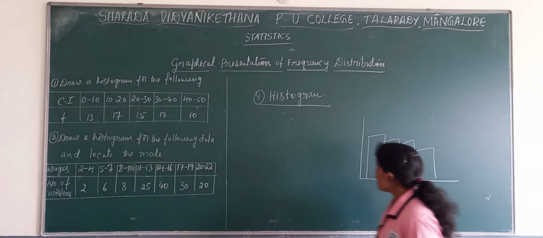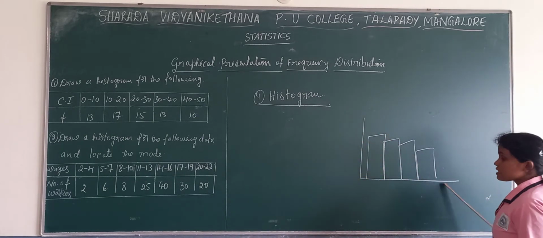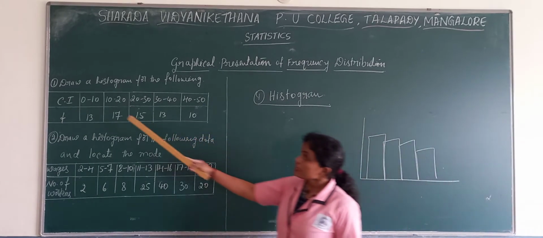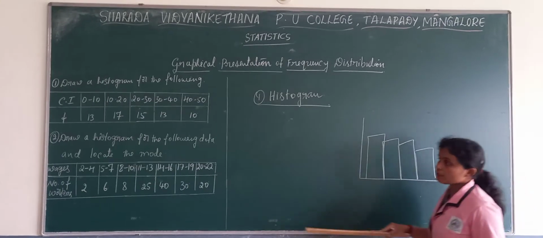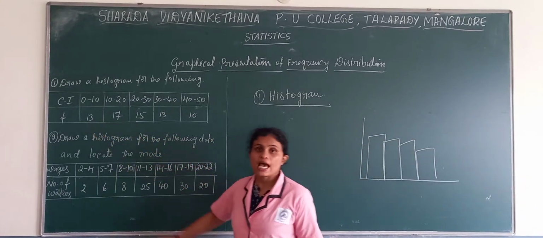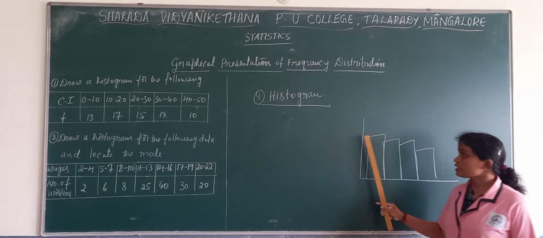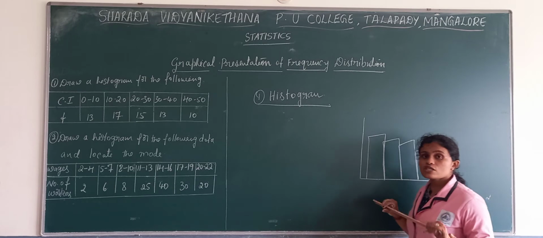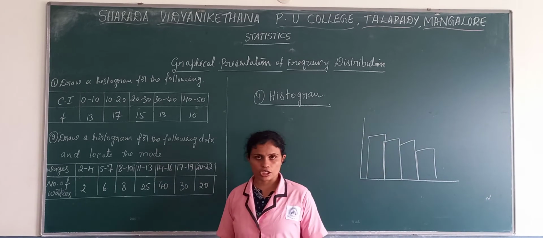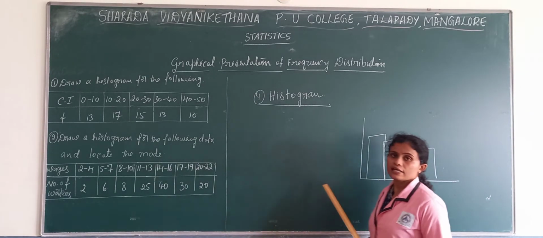Along the x-axis we represent the class intervals and along the y-axis we represent the frequency. We consider a scale for both the x-axis as well as the y-axis. So it is drawn on graph sheet. You have to practice on graph sheet.